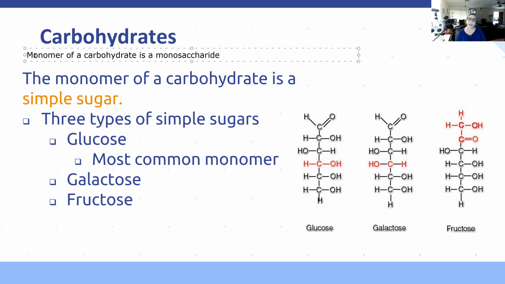Now, there are 3 monosaccharides that you need to know for carbohydrates, and I have them shown here on the slide. We have glucose, which is the most common monosaccharide. We have galactose and fructose. Now, the molecular structure of these monosaccharides is pretty much the same between glucose, galactose, and fructose.